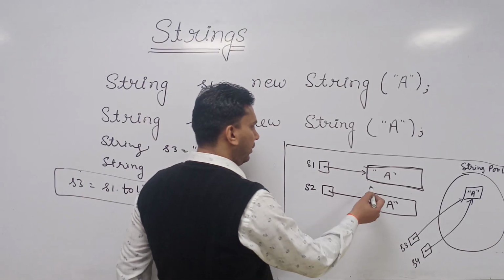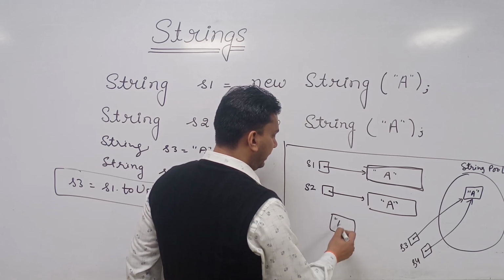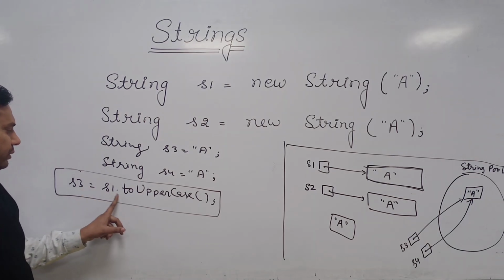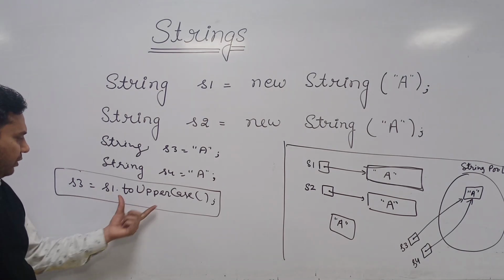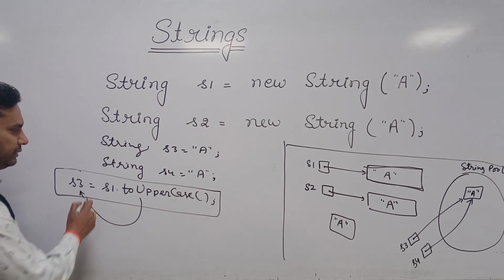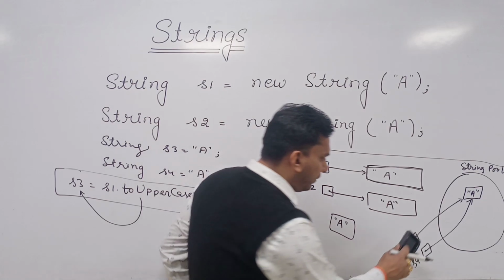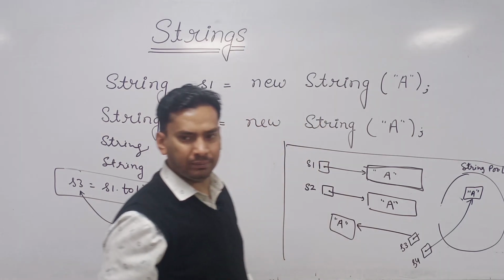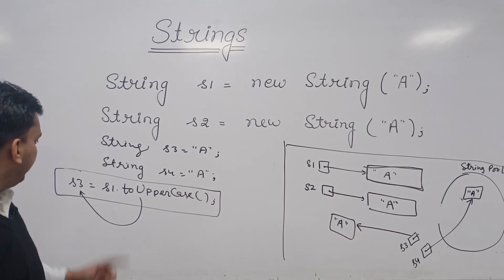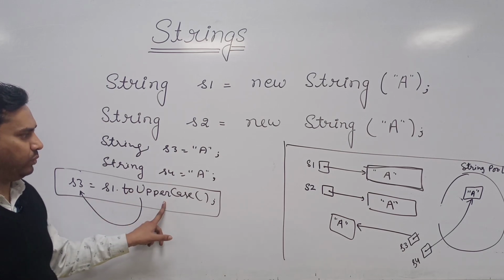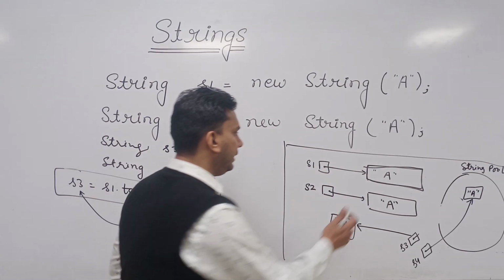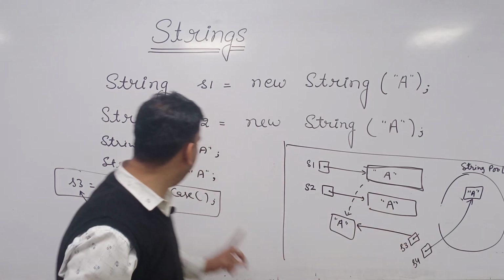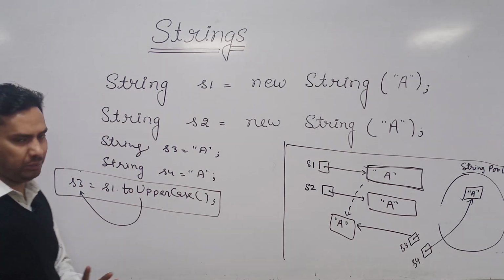So here, as soon as you call this method, a new string object "A" will be created, and now you are assigning this new object to S3. S3 is already present, so now S3 will start pointing to this object, right? Because you have written S3 = S1.toUpperCase(). So S1.toUpperCase() has created this object, and it is now pointed to by S3.